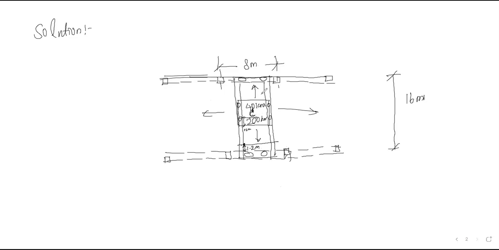Next, wheel base is 3.5 meter. So from here to here, the center to center distance between the wheels is 3.5 meter. While calculating the bending moment, shear force, everything, whatever load is coming from here can be distributed to these wheels. So here we can have two wheels and here we can have two wheels, and it is going to be distributed to the individual wheels.